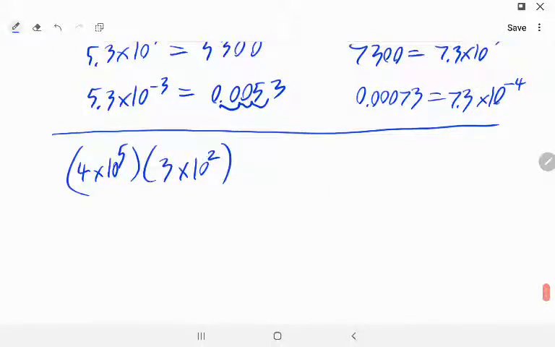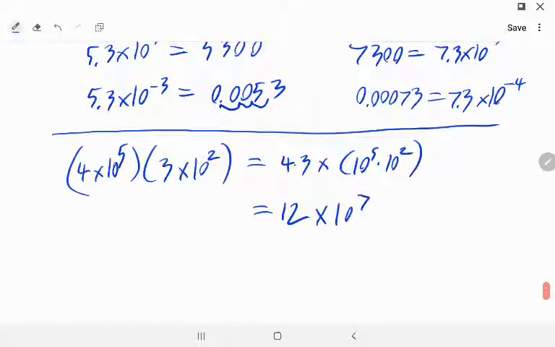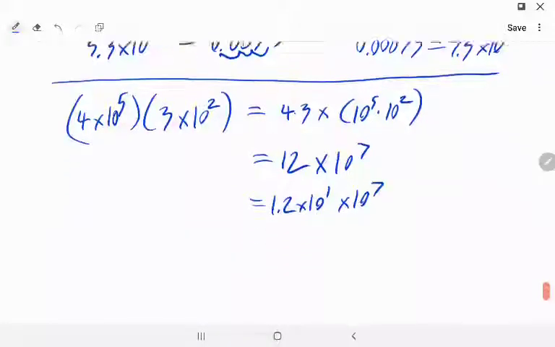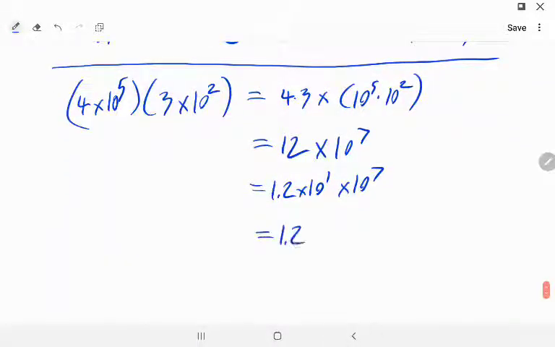We take those a values, the 4 and the 3, and multiply those separately from the 10 to the 5th times 10 squared. So the 4 times 3 just gives us 12, and then that'll be times 10 to the 7th. That's not our standard form for scientific notation, so we think of that 12 as being 1.2 times 10 to the 1st times 10 to the 7th, which gives us 1.2 times 10 to the 8th.